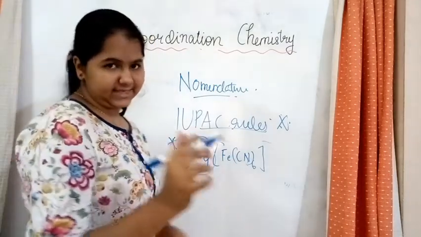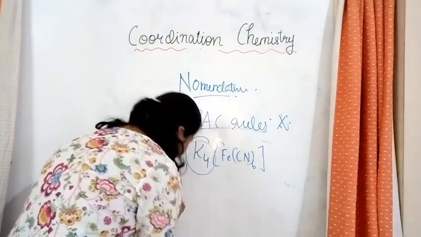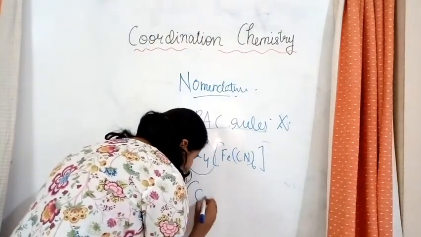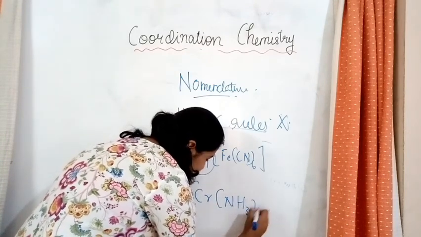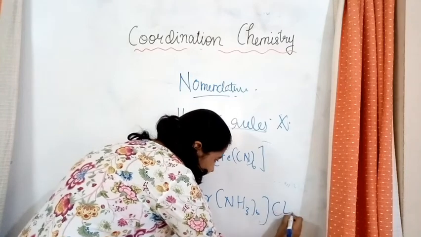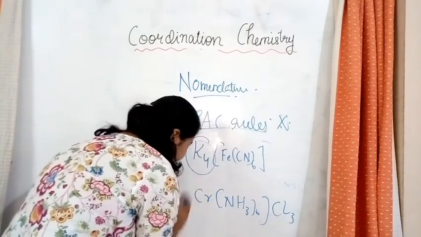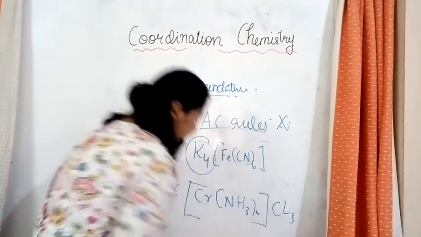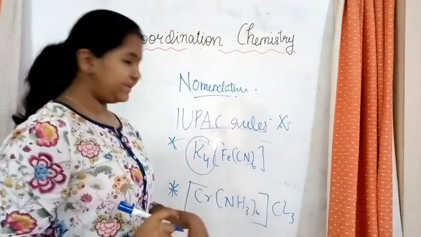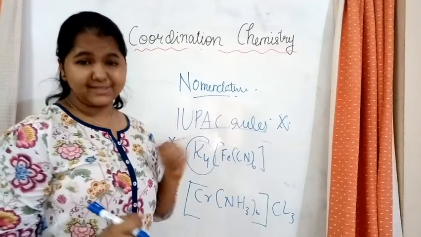Now we'll take the second case. What would we write? We'll write [Cr(NH3)6]Cl3. This is a square bracket. So over here, where is our counter ion coming?